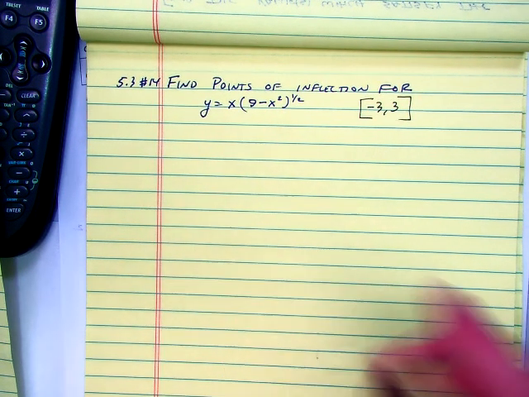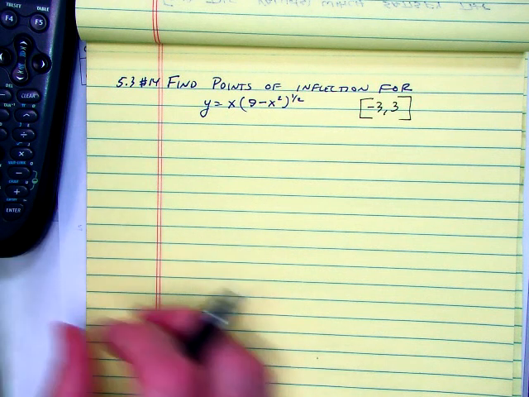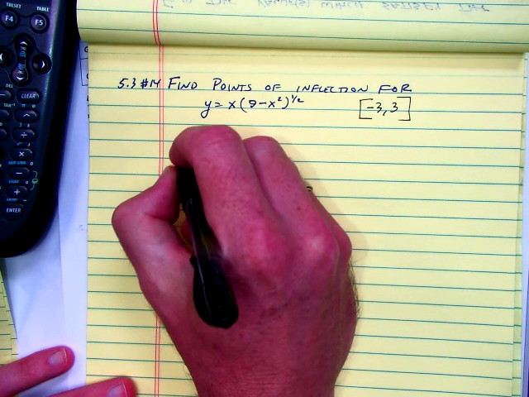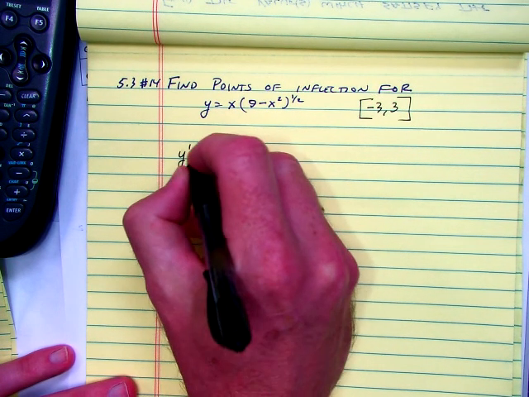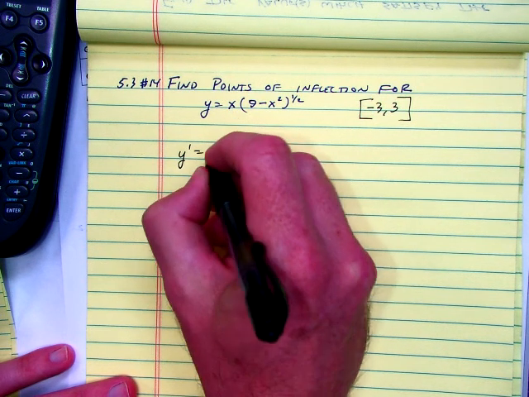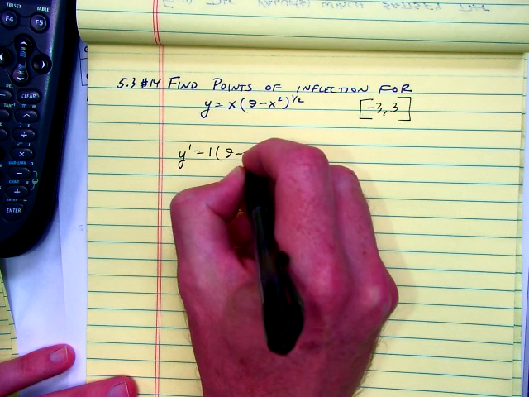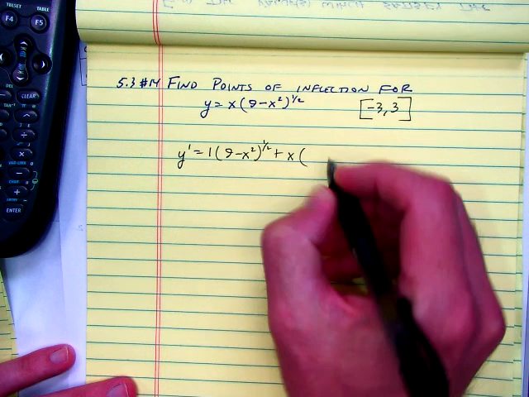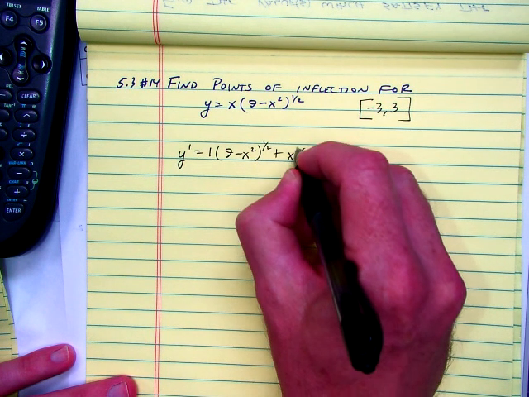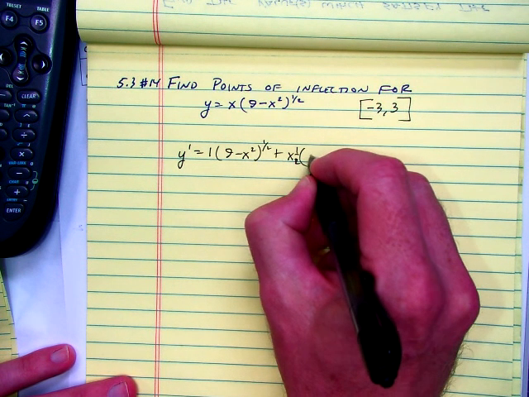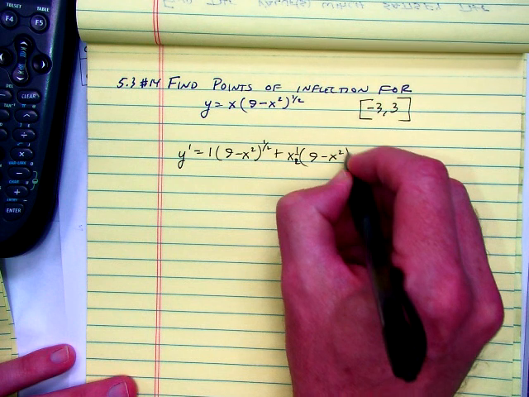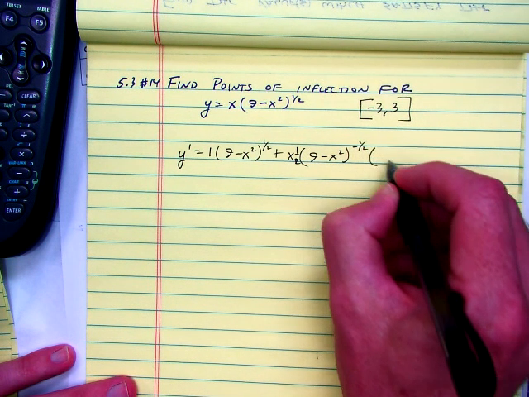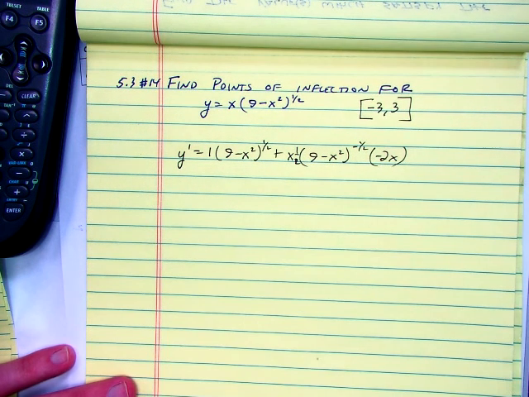Okay, so I'm going to do y prime. I'm not going to factor till the very end. So the derivative of this is 1 times the 9 minus x squared to the 1/2 power plus x times the, or 1/2 times 9 minus x squared to the -1/2 times -2x. Okay, I'm going to clean this up a little bit before I take a second derivative.